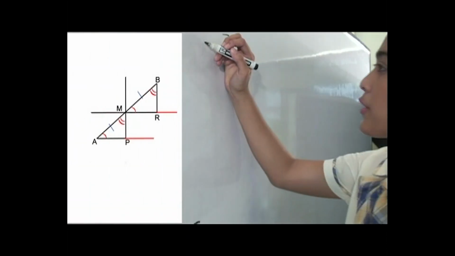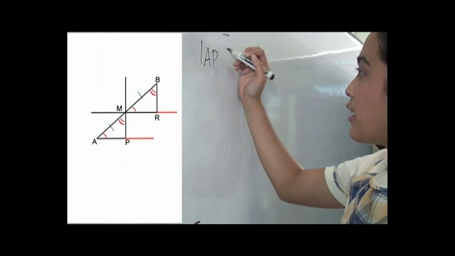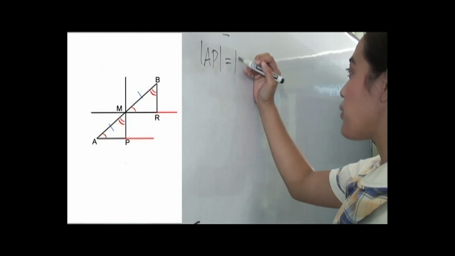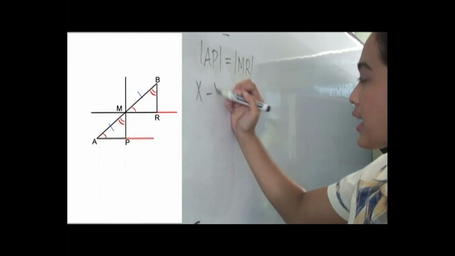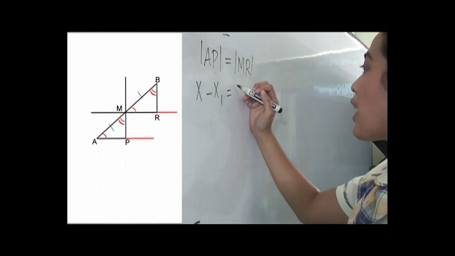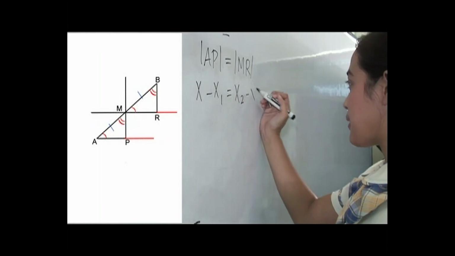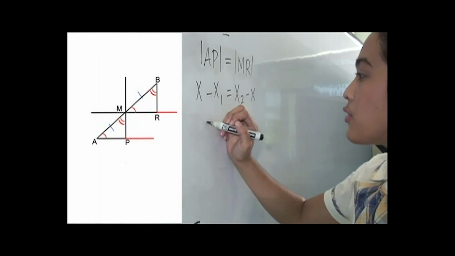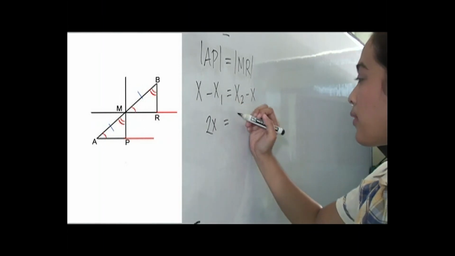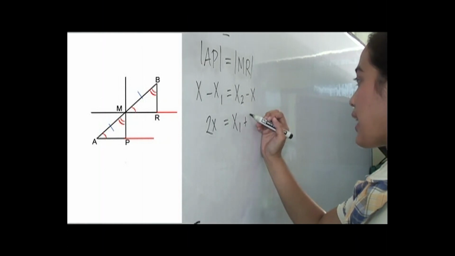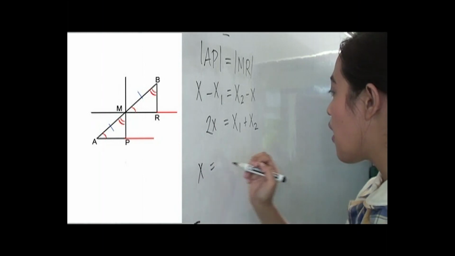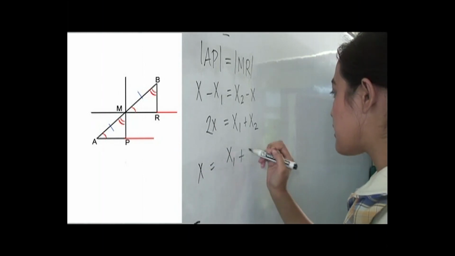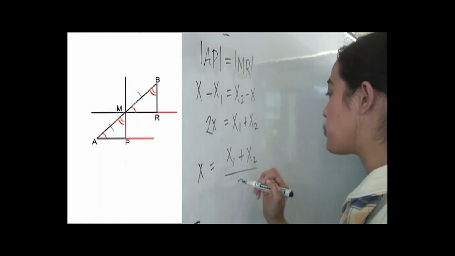The absolute value of AP is equal to the absolute value of MR. Then we get x minus x sub 1 is equal to x sub 2 minus x. Then we get 2x is equal to x sub 1 plus x sub 2. We get the sum of x sub 1 and x sub 2 and divide this by 2.